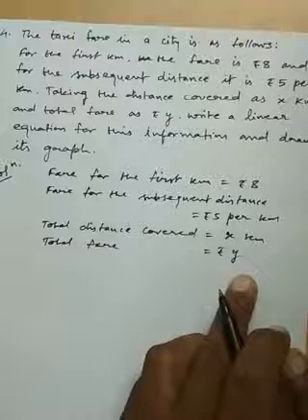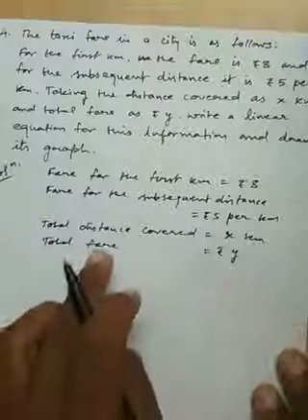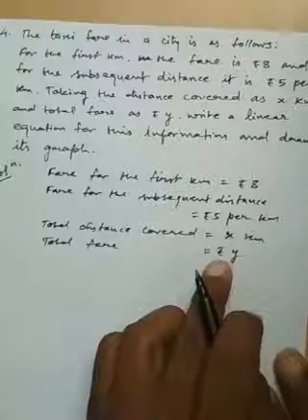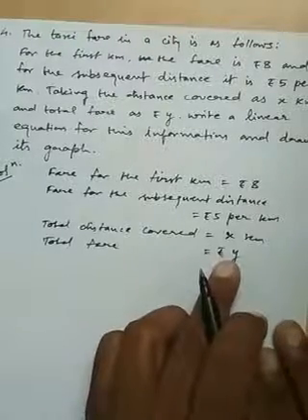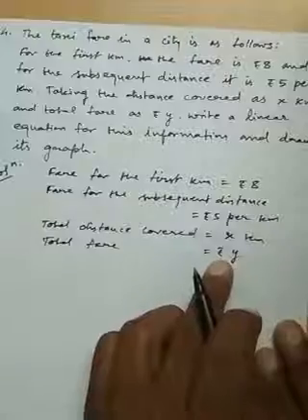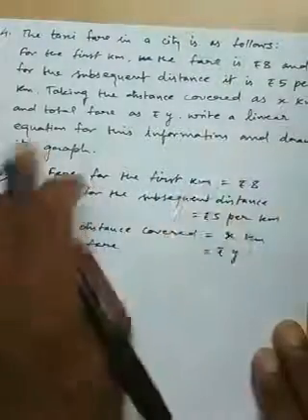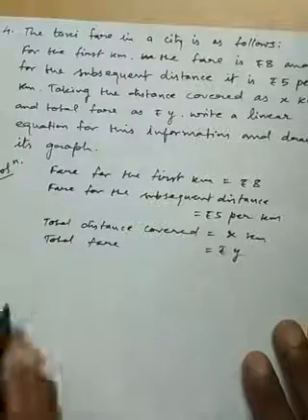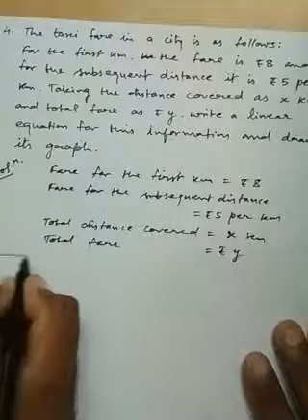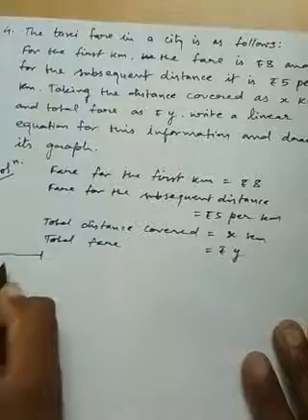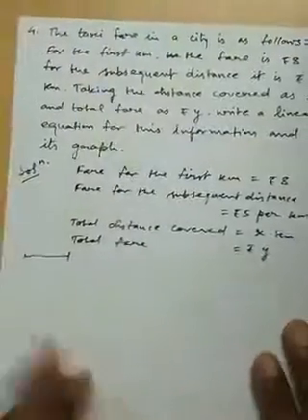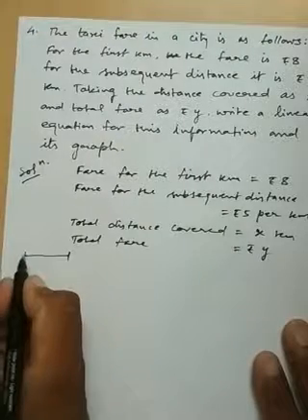And we should calculate our total fare. Total fare is y. So by which way we calculate the total fare, and then we will find our equation. We draw this information for understanding. Suppose this is the total distance. Total distance is x kilometer.